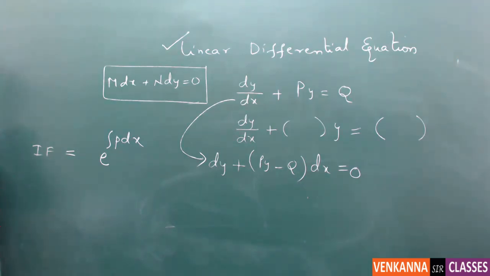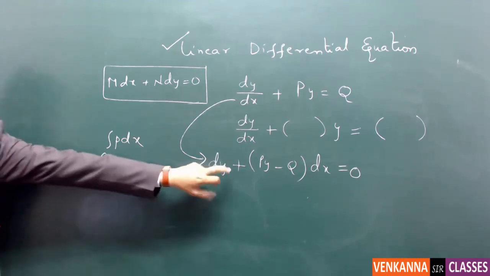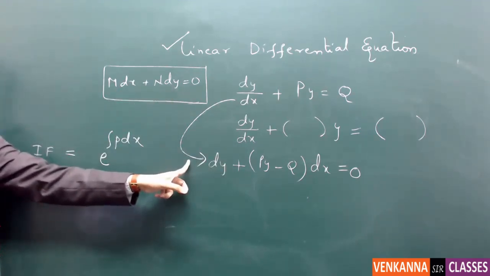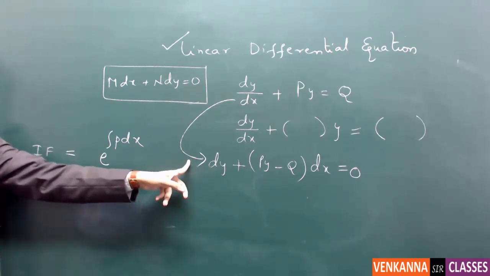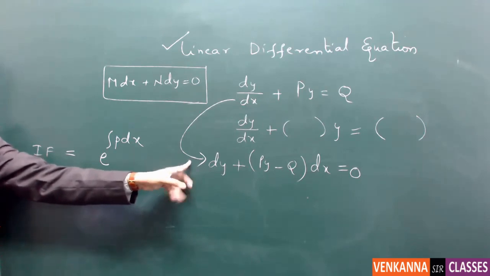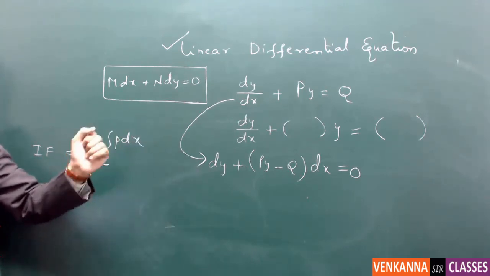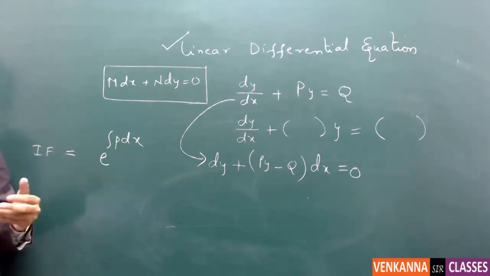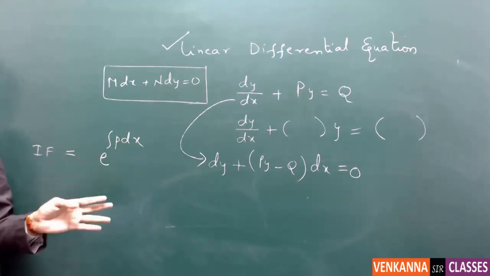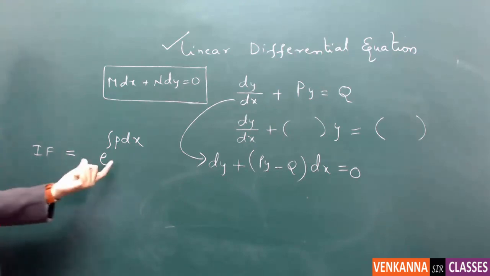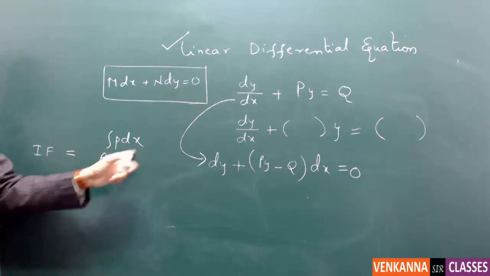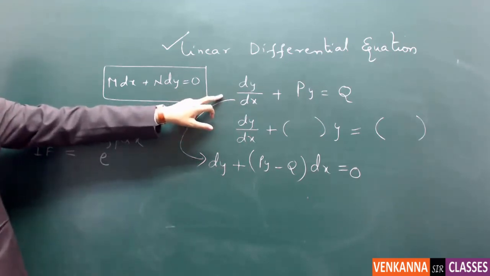Right. So can you say that it is of the form m dx plus n dy equal to 0? If you consider the partial derivatives, it is non-exact: dou m by dou y not equal to dou n by dou x. So in general, if you go on to do the integrating factors method, the integrating factor is nothing but e power integral p dx for this equation.